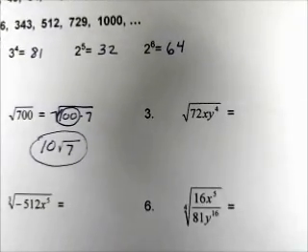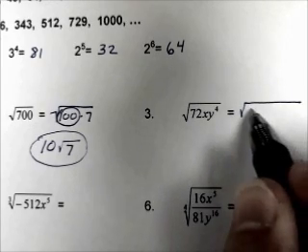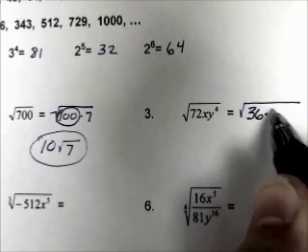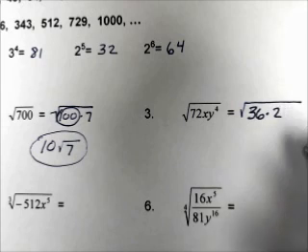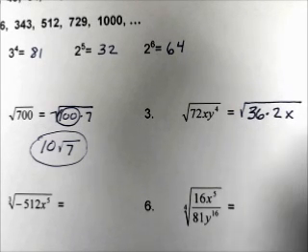Number 3, the square root of 72xy to the 4th. 72 is 36 times 2. X is not perfect. Y to the 4th is.